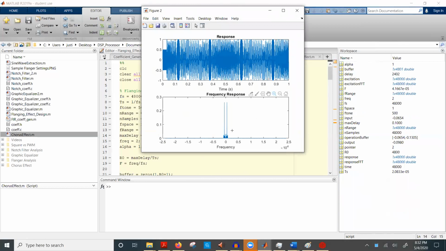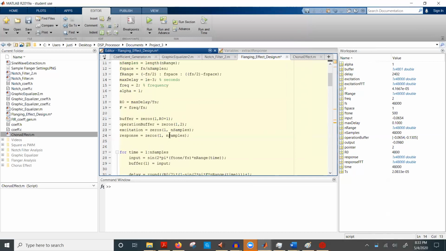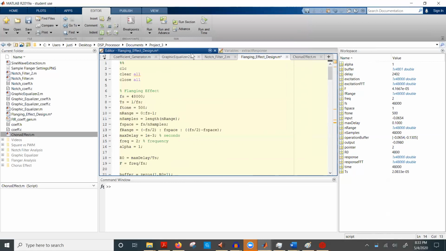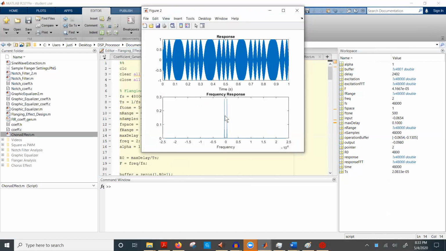So you notice that the spectral leakage around each of these stems has increased. And if I decrease this back down to 10, then we get something that looks like this.